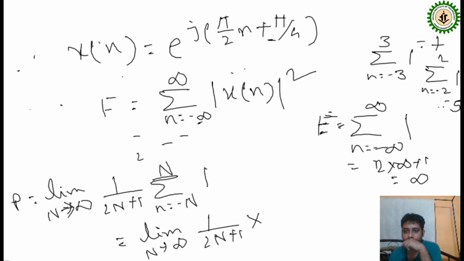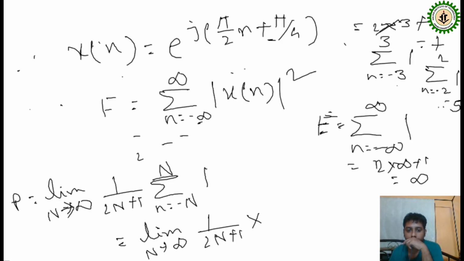Here, n is equal to minus 3 to 3 of 1 gives 2 into 3 plus 1, that is 7 sample points. Similarly, minus 2 to 2 summation 1 gives 2 into 2 plus 1, that is 5 sample points. Similarly, minus infinity to infinity of 1 gives 2 into infinite plus 1, that is infinite sample points. That's why energy is equal to infinite.